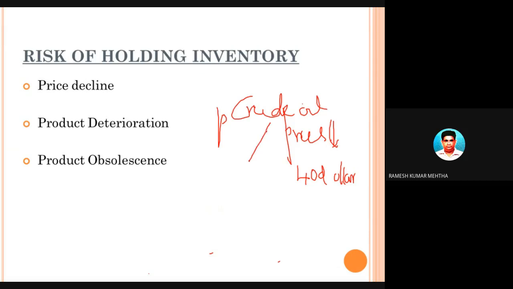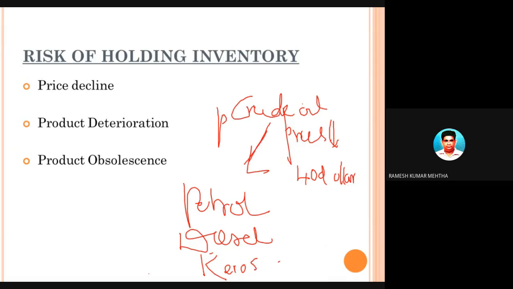Crude oil is the raw material for petrol, diesel, kerosene, and other allied items. Previously the raw material was around $80 per barrel. Now it has gone down to $40.